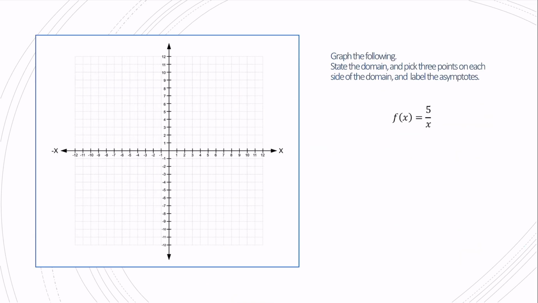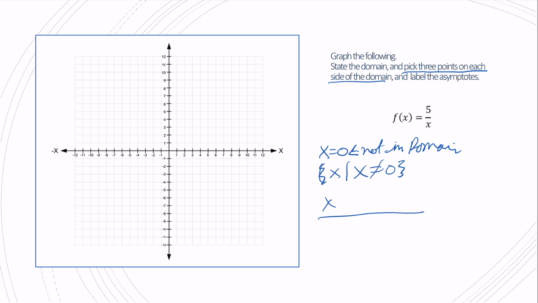So next, let's practice graphing a few of these functions. In order to graph these functions, we're going to want to pick 3 points on each side of our domain, and we're going to want to label our asymptotes where they appear. So here I have 5 over x. So I'd let x equal 0. This is not in my domain. So my domain would be all values of x as long as x doesn't equal 0.